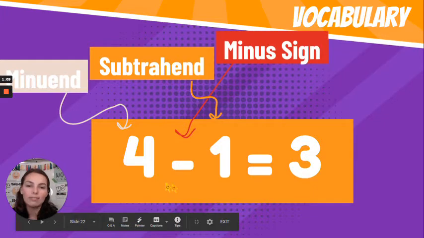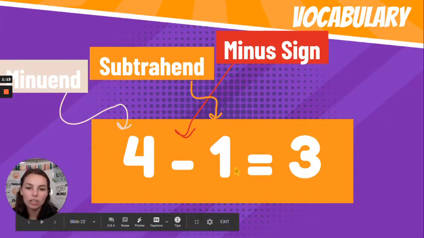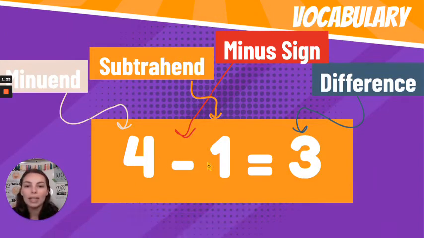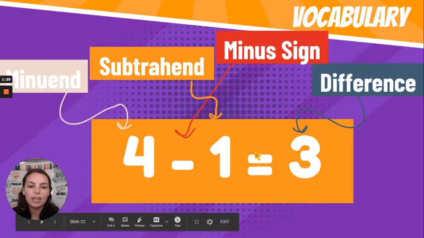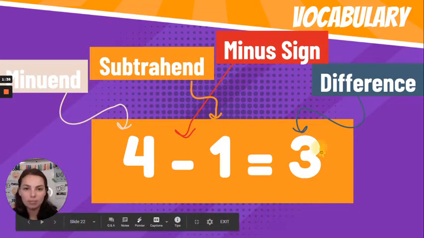We also have right in between, there's the minus sign, just a little dash. And when we get our final answer, that is called the difference. So we take the minuend minus the subtrahend equals the difference. This is going to be the difference between the two numbers. 4 minus 1, the difference is 3.